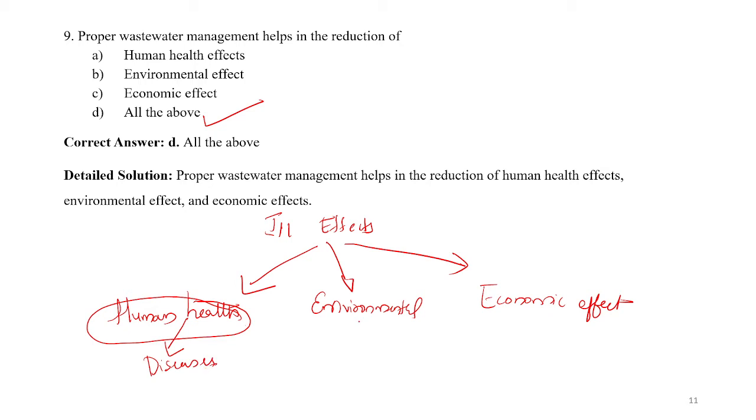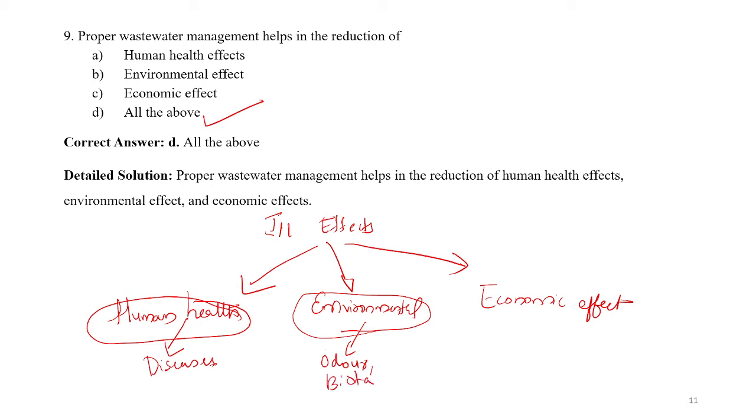The second type of effect is environmental effect. Let's say the disposal of improperly treated water can cause odor problems, and then it can affect other biota.